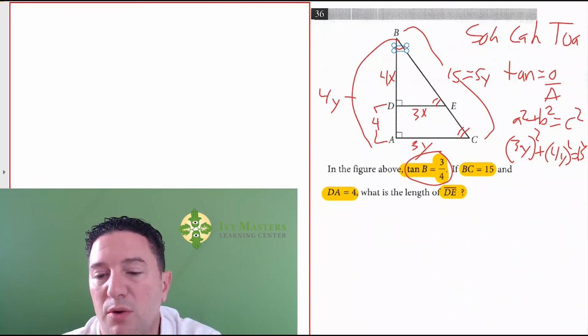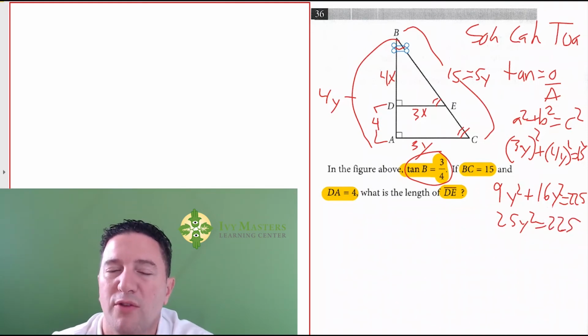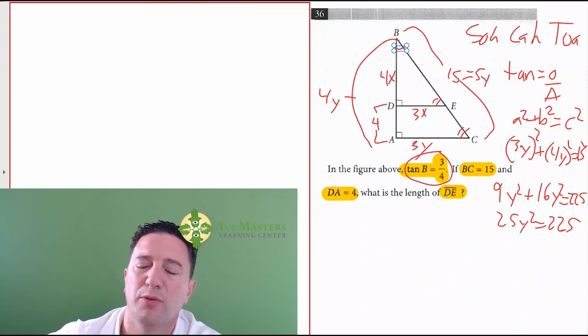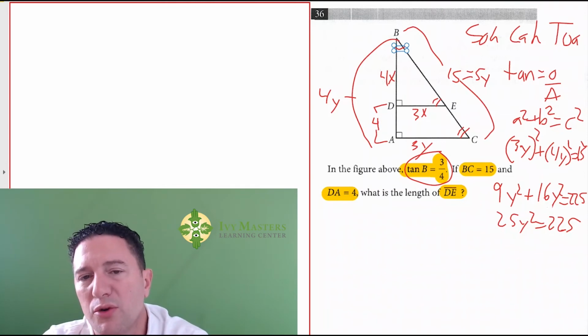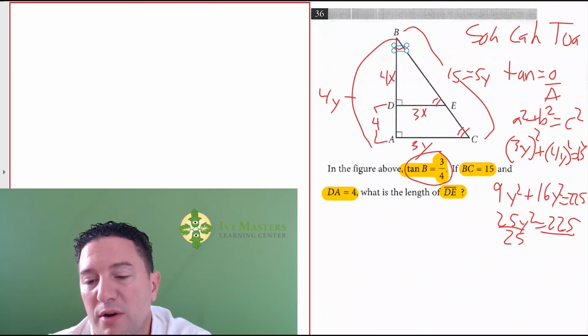When you square 3y, you have to distribute that exponent: it's 9y squared plus, distributing the exponent, 16y squared, and 15 squared is 225. Then when you add them up, you get 25y squared equals 225. This is with calc math, so of course you divide by 25, but anytime you have to do this on no calc math, think in terms of quarters when you have multiples of 25. How many quarters are there in $2.25? Well, there's 9. But anyway, if you divide both sides by 25, you get y squared equals 9.